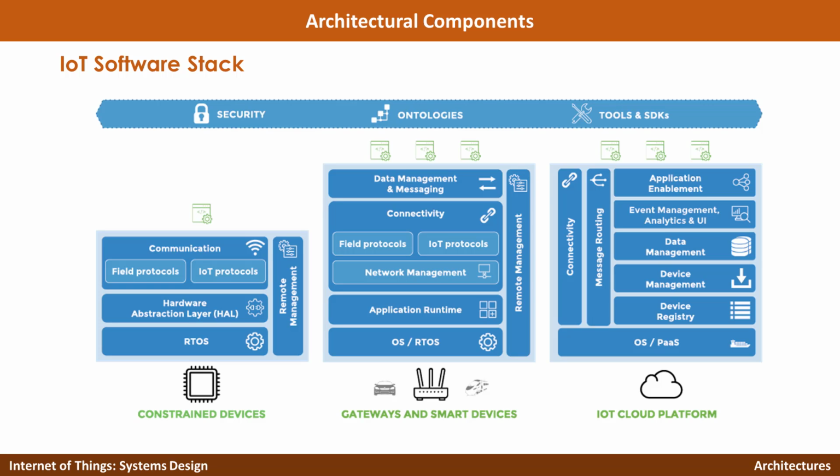Event detection is something people sometimes have frameworks for within the gateways as well, but the majority of event detection could also happen in the IoT cloud. And then across this range, security is a big part, and then also the ontologies, and the toolkits and SDKs are supported across these devices.